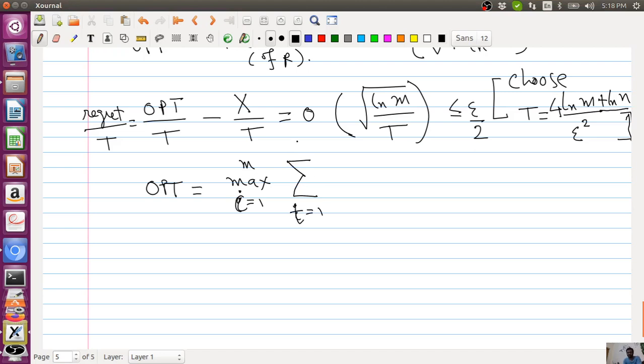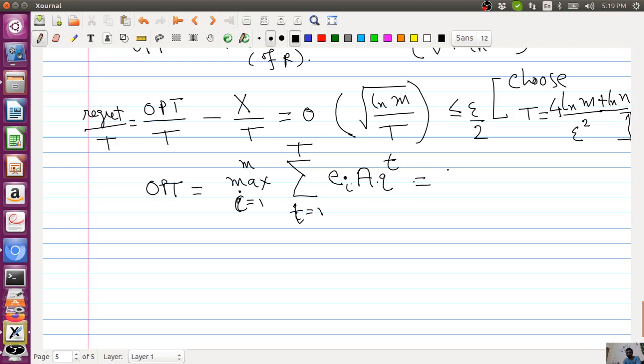So sum over t equal to 1 to capital T of ei A Qt. So we have seen before that this is the reward collected if the row player chooses the pure strategy Ri, the ith pure strategy in its collection. And now only Q superscript t is the term that is dependent on t in this summation. So I'll bring the remaining outside.